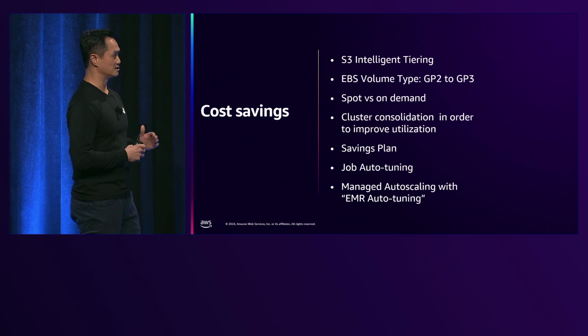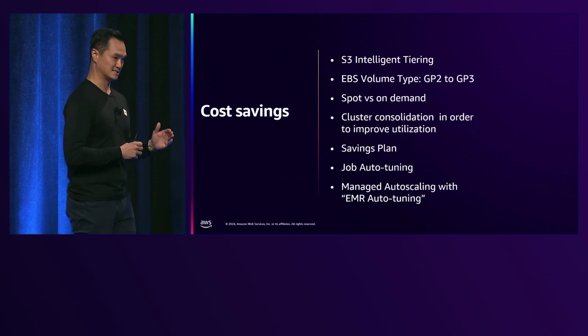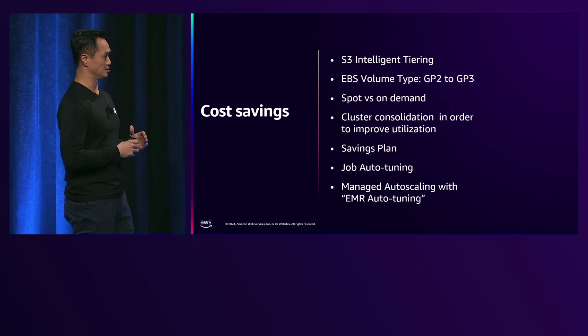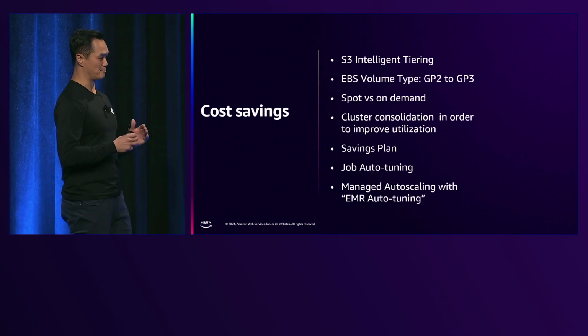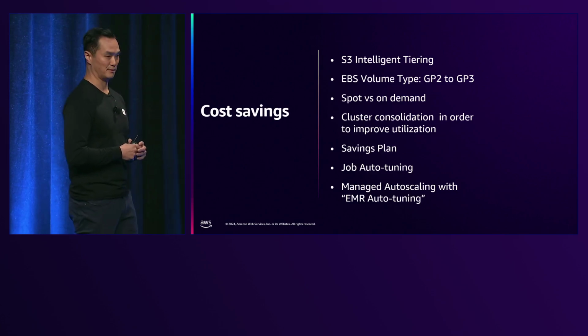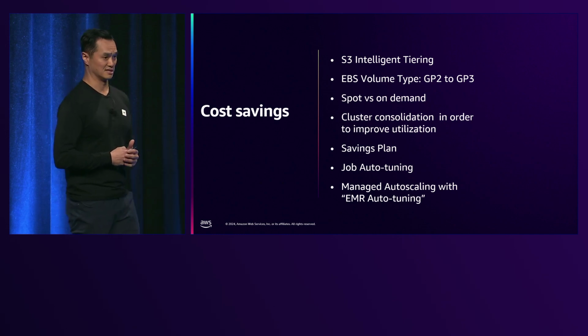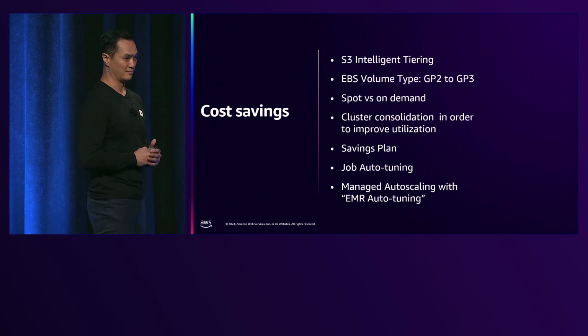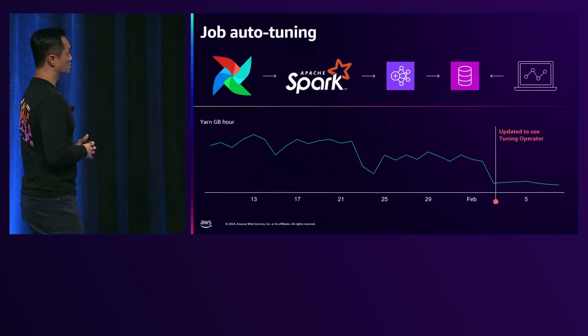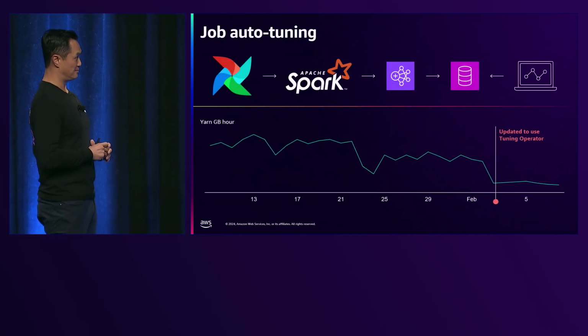Managed auto-scaling can be really sensitive, so what we want to do is make it work better for us, because we know how often we are running these pipelines. Those last two things roughly save us 30% to 35% of our overall EMR cost. So let's talk a little bit at a high level about job auto-tuning.